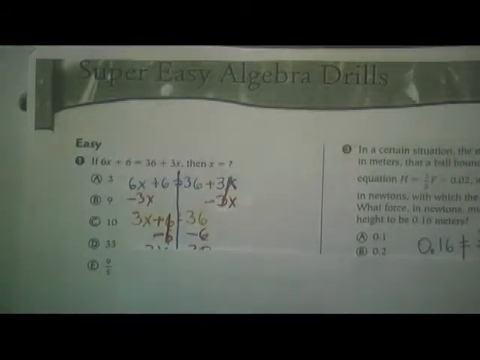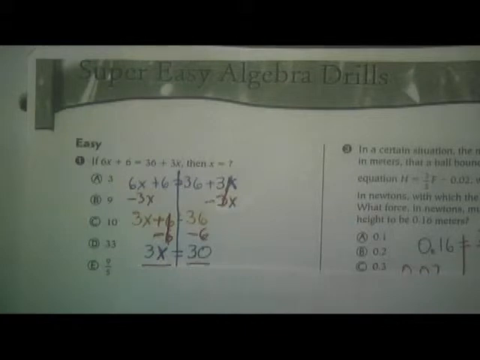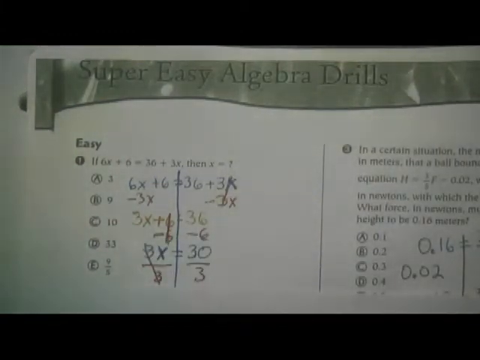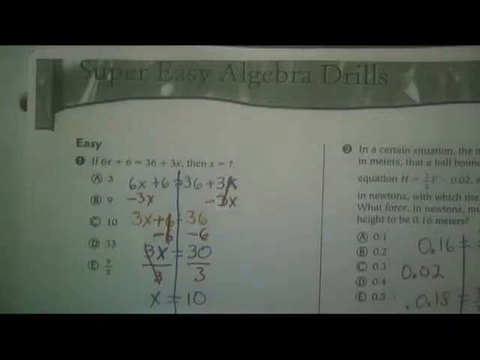These cancel, giving me 3x equals 30. Now to get x by itself, I divide each side by 3, giving me x equals 10, or C.